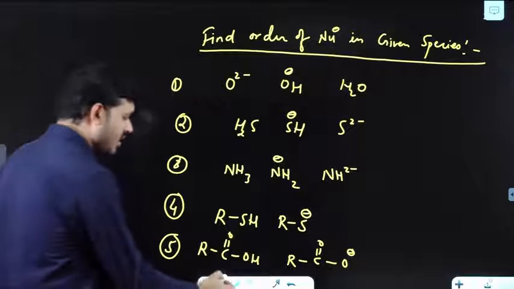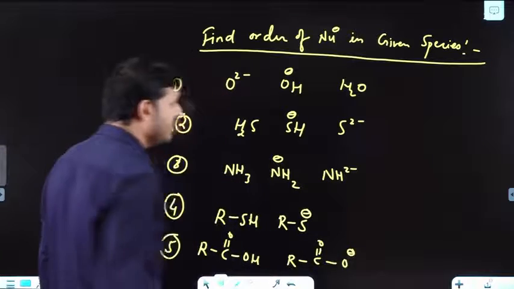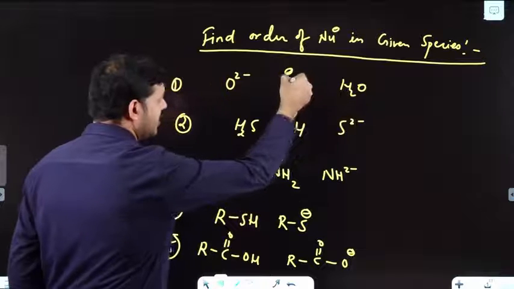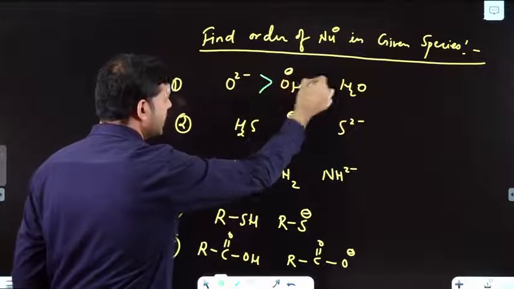So let's check the electron density. The higher the electron density, the more nucleophilic. See, neutral, and its conjugate base again. So you can say this is the order.